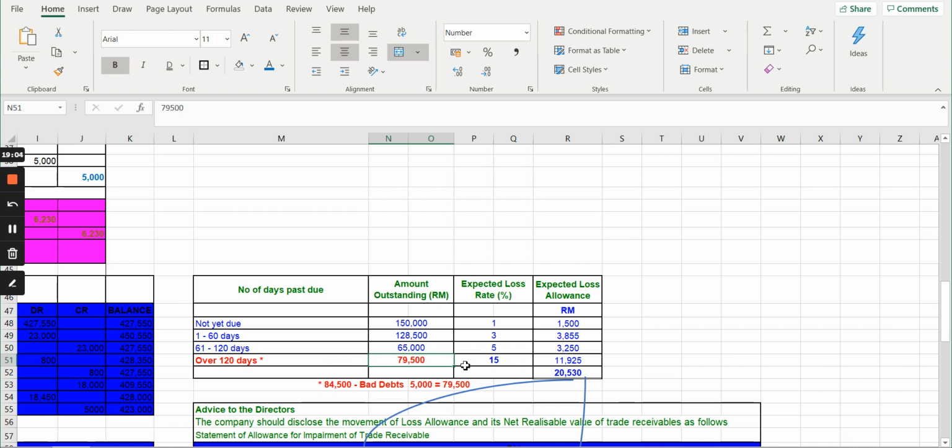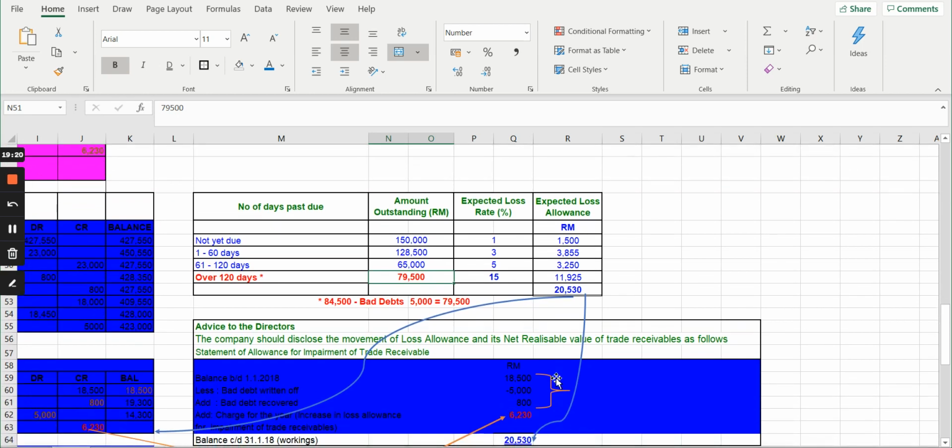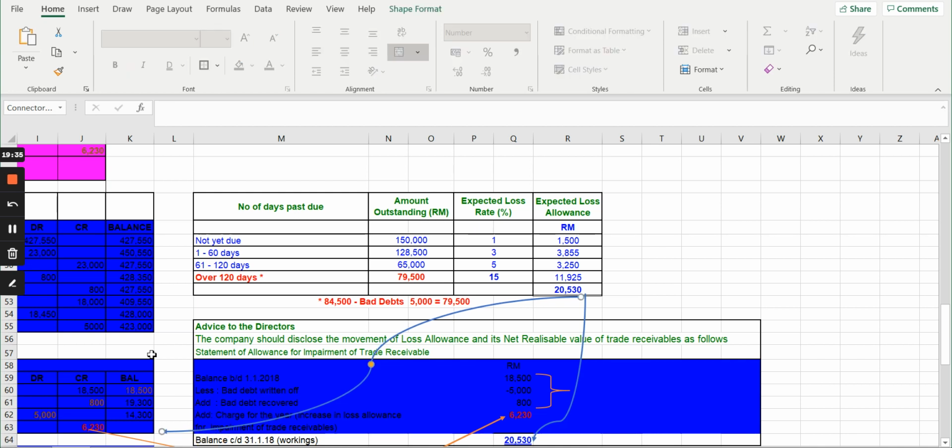You must multiply with 79,500, which is after you take away the bad debts that you have written off, right? So 11,925. Then you get 2530. Okay, what is this? 2530 is the one that you need to take note of, that will be the last, if you prepare your statement of allowance, that was actually your expected credit loss in your allowance for impairment.